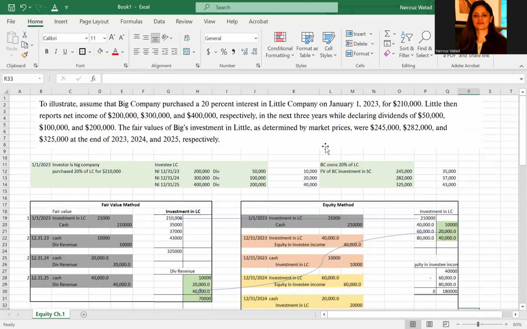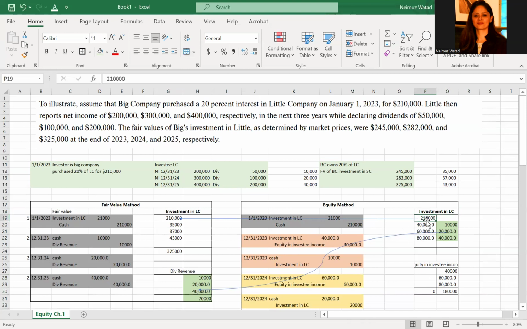Same exact data. The first entry is to record the investment at cost, which is how much I paid. I paid 210, and this is the investment account, okay?